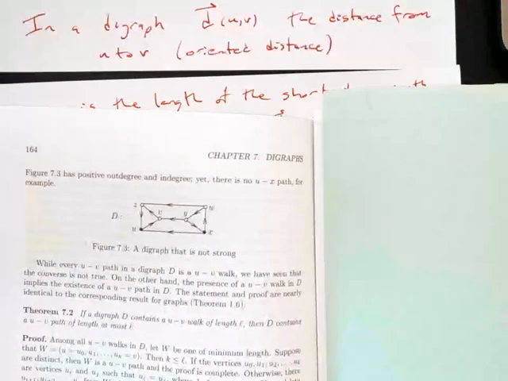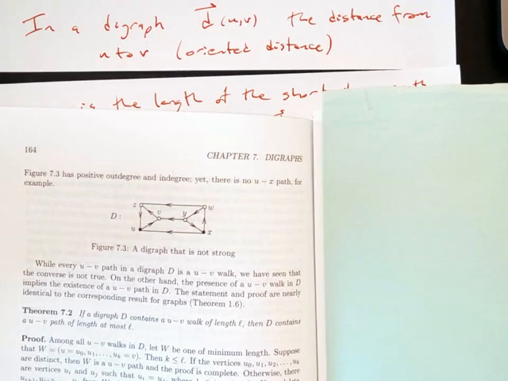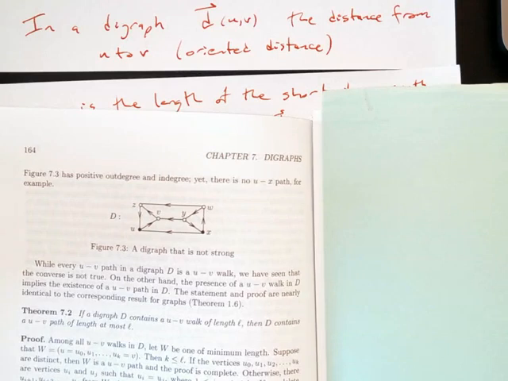Let's go from X to U. Well, that's easy. X to U. Now go back. The only way to leave U is UV.